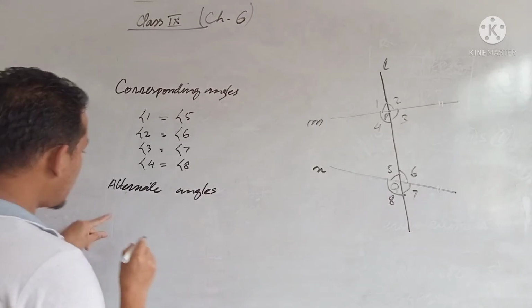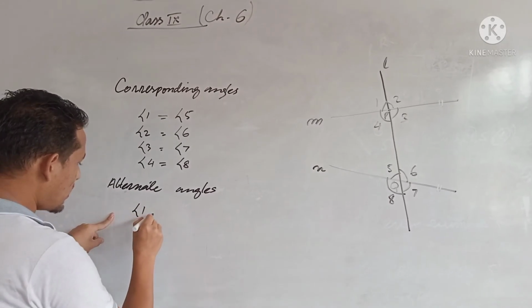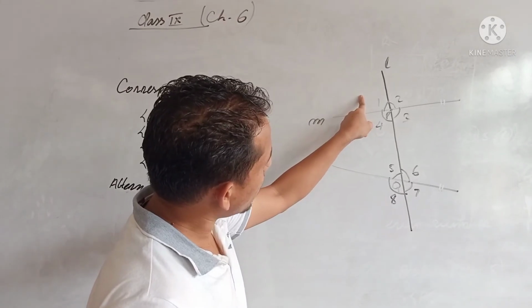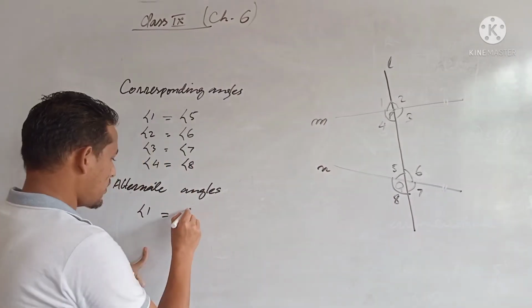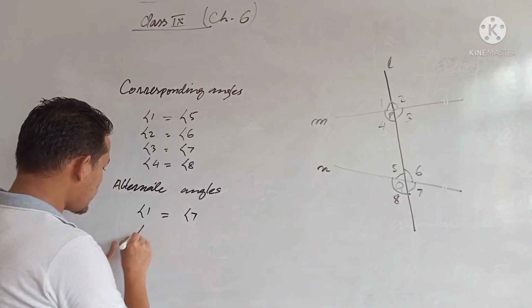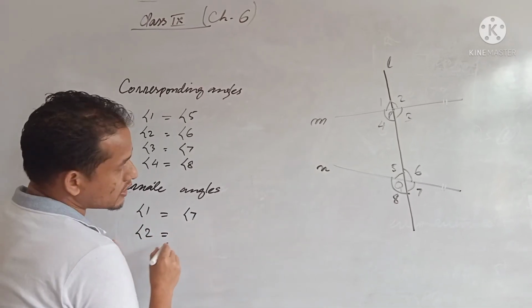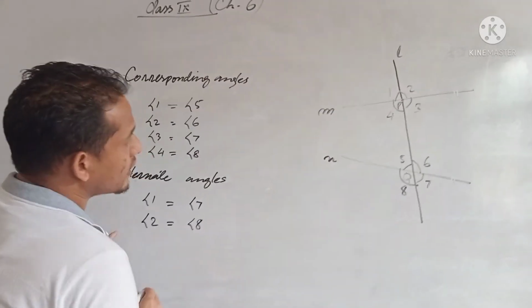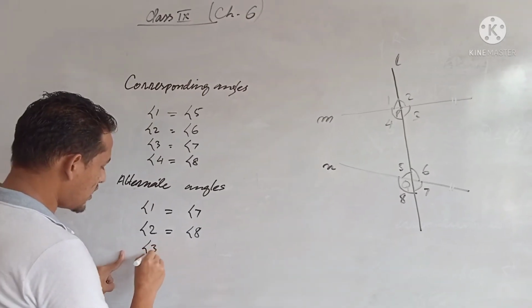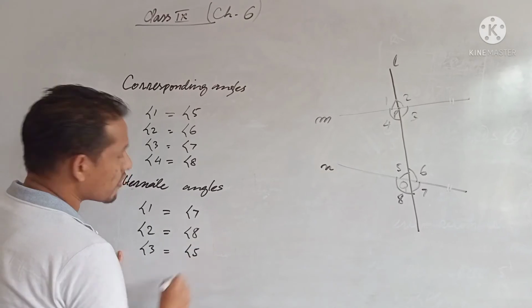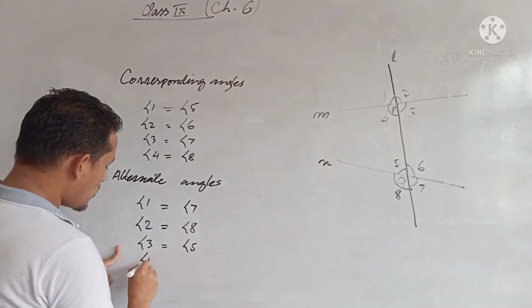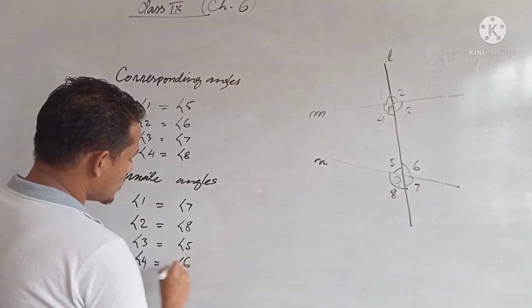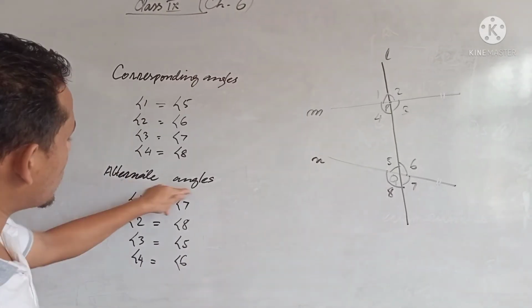Angle 1 equals angle 7, angle 2 equals angle 8, angle 3 equals angle 5, angle 4 equals angle 6. I have just written here alternate angle.